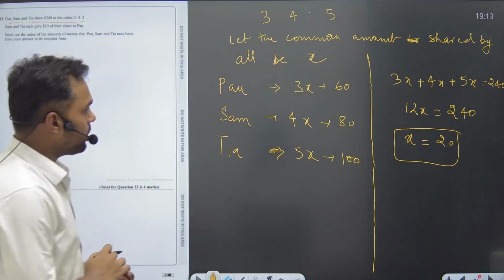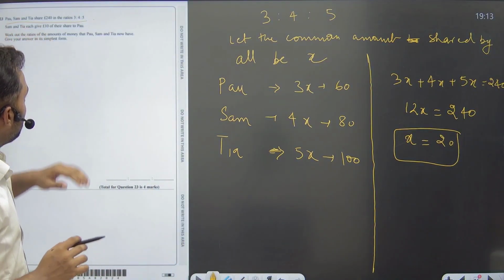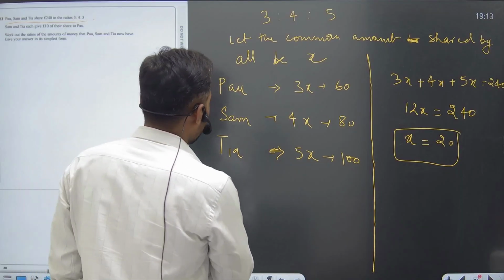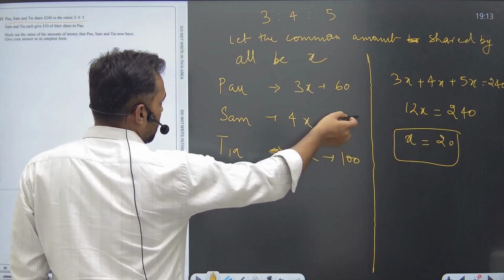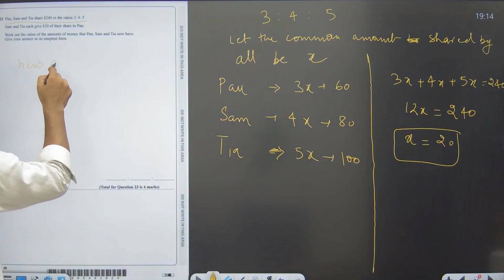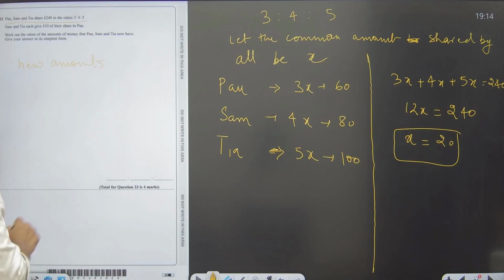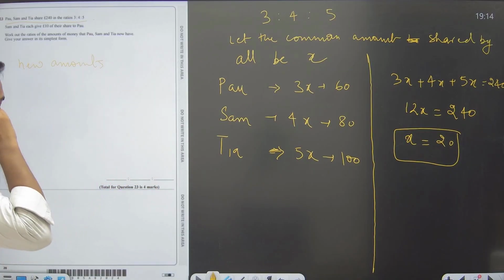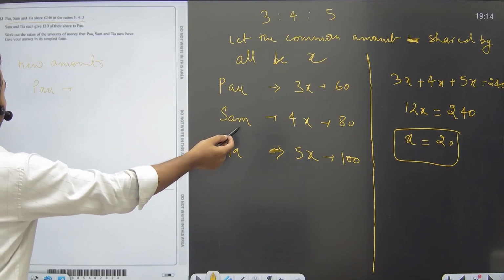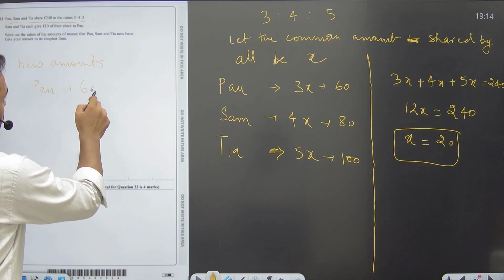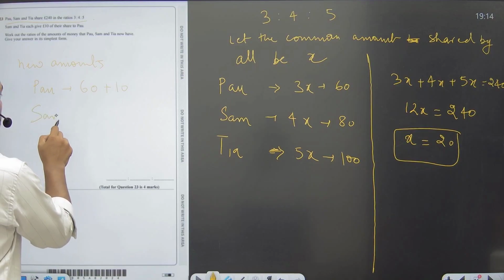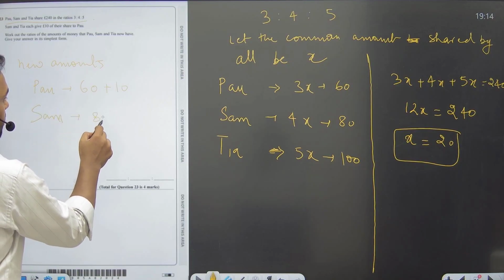Now according to the question, Sam and Tia each are giving 10. Sam is also giving 10 euros and Tia is also giving 10 euros. Now, if Sam gives 10 euros to Pao, the new amount with each person will be, see, Pao is getting 10 euros from Sam, so the amount with Pao will be 60 plus 10, and Sam is giving, so Sam's original amount will decrease by 10, 80 minus 10.